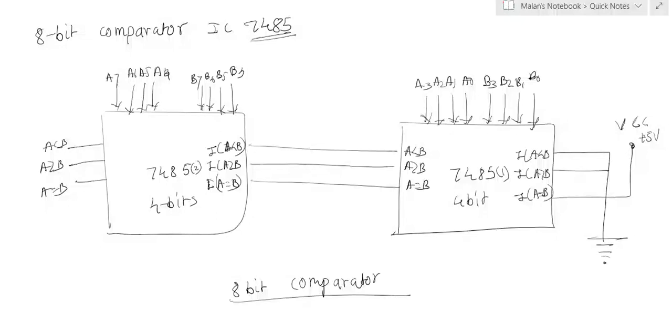You need to use three 7485s. The output of the first 7485 is connected to the cascading inputs of the second 7485. The outputs of the second 7485 are connected to the cascading inputs of the third 7485 and so on.